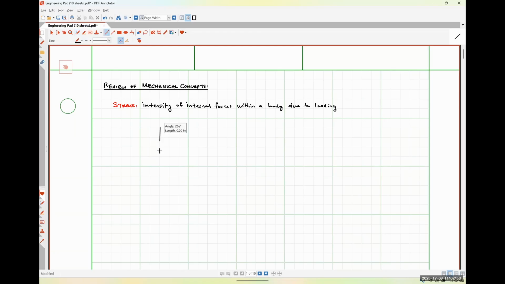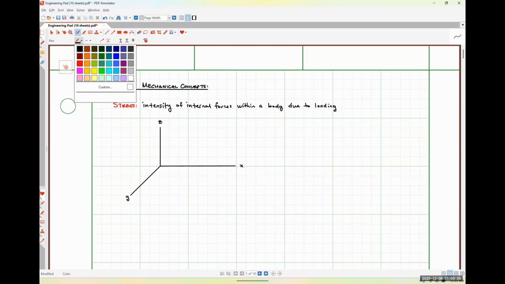Just drawing a three-axis system real quick. So let's say that this direction out of the page is Y, this direction is X, and our vertical direction is Z, like so. And I'm going to attempt to draw a structure here.